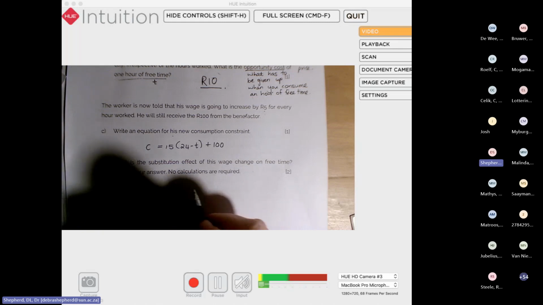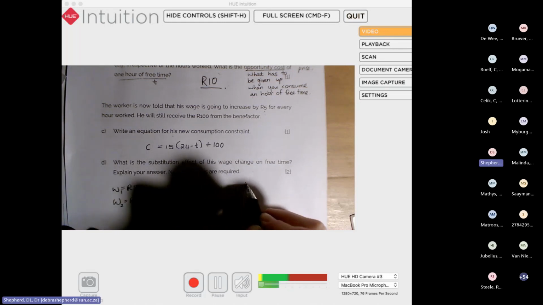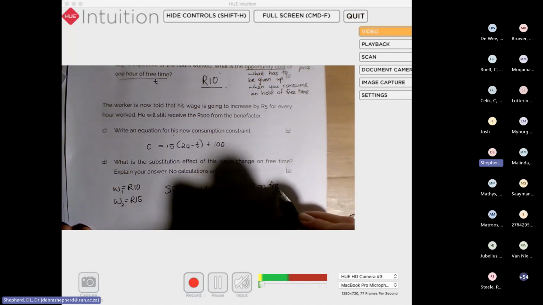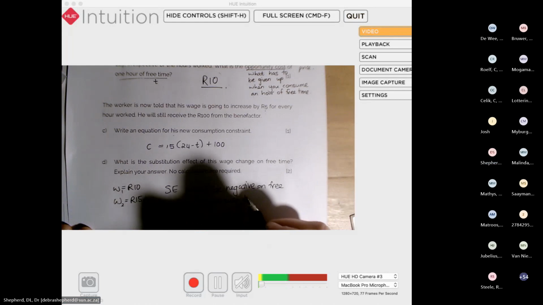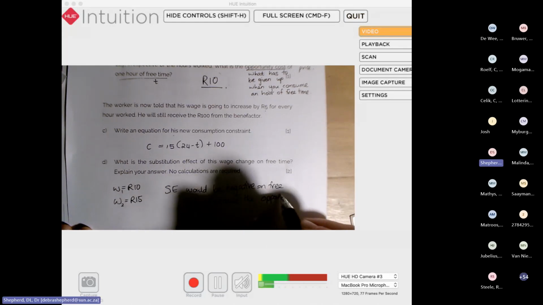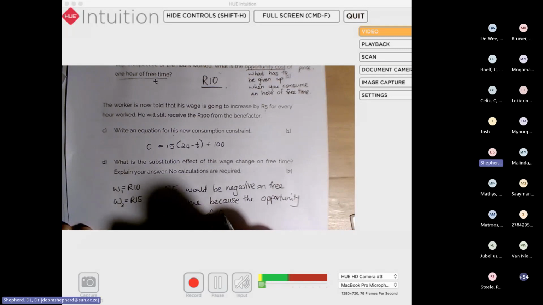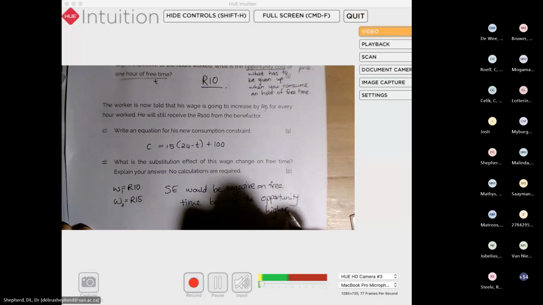The substitution effect would be negative. And the reason why is because free time is now more expensive. Yes, so the substitution effect would be negative on free time because the opportunity cost of free time is higher. Perfect.